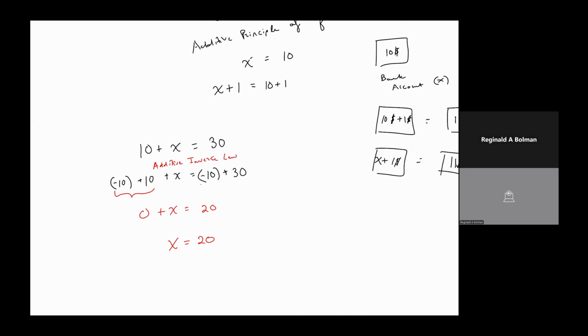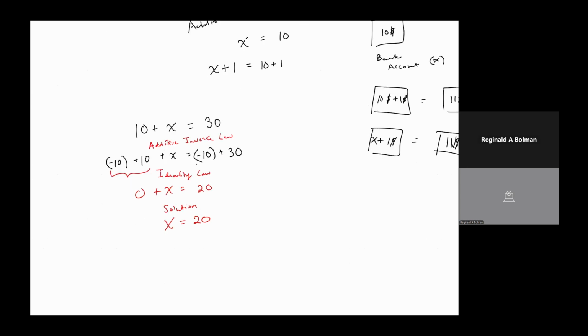We then exploited what is known as the identity law to add x with 0. And what that resulted in is it gave us the solution to our equation.